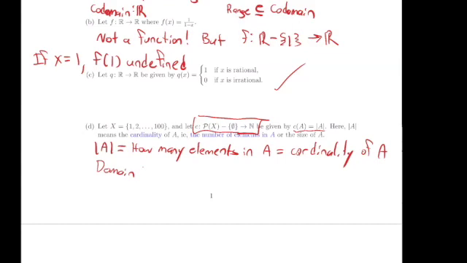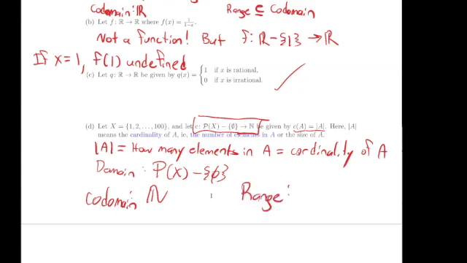So the domain here is the power set of X minus the empty set. And the codomain is the natural numbers, so this means 1, 2, 3, 4, 5, etc. And we want to figure out what is the range of this map.